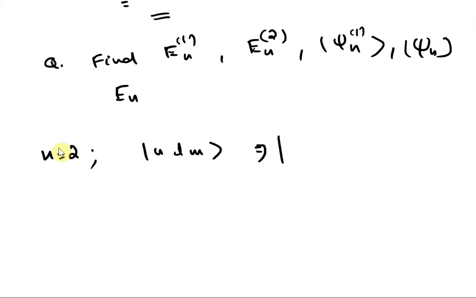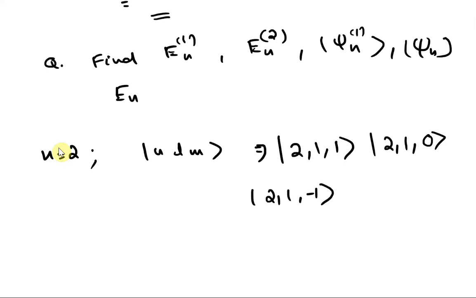First, when n equal to 2, l equal to 1, then m can take 3 different values: plus 1, 0, and minus 1. Another possible state is l equal to 0, m equal to 0 also. So these are the 4 different states which are possible at n equal to 2.